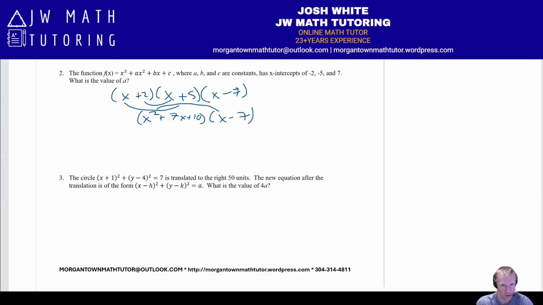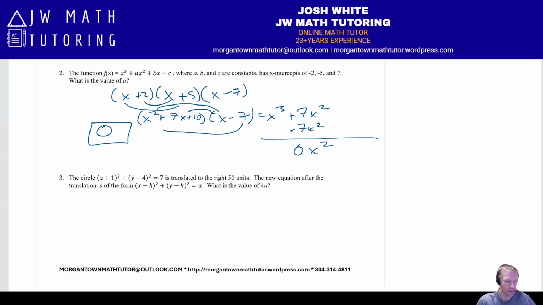So you can basically do x cubed, and then we get plus 7x squared. The other thing technically doesn't matter, so I'm just going to skip the plus 10x, so we can ignore that. So I just did these two, and then we can start here and do minus 7x squared. We don't need to do the rest, because notice what happens here: 7 minus 7 actually turns out to be 0. So the correct answer for this one, for the value of a, is 0.